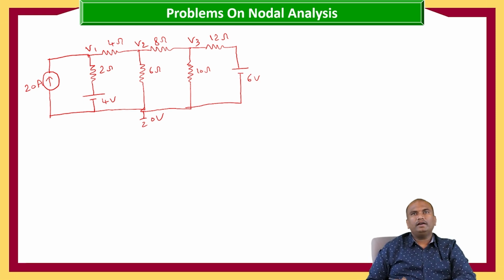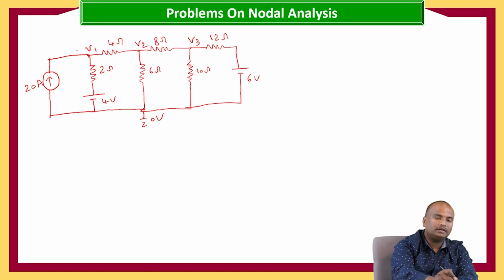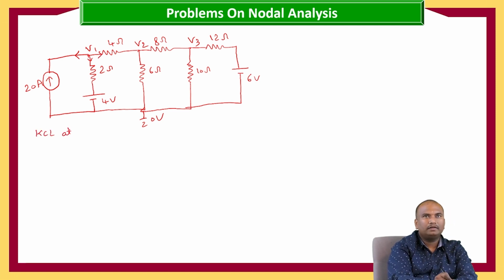Now we need to write the KCLs at different nodes. Let us write Kirchhoff's current law in all the 3 nodes. KCL at node 1.